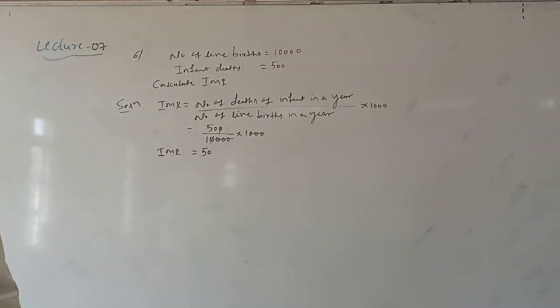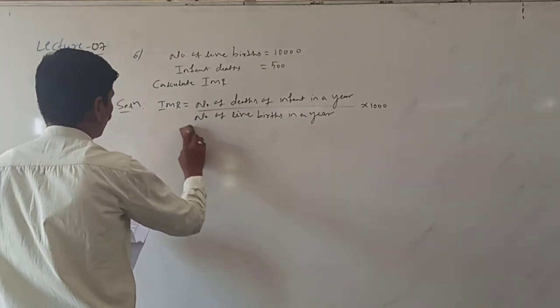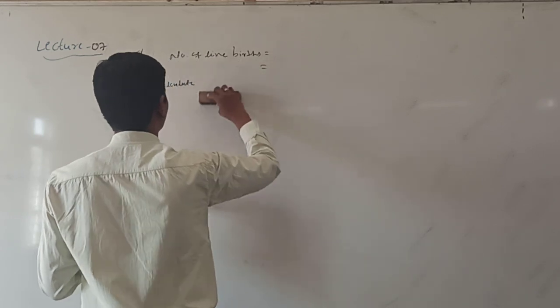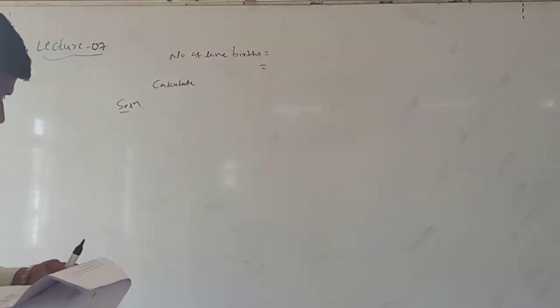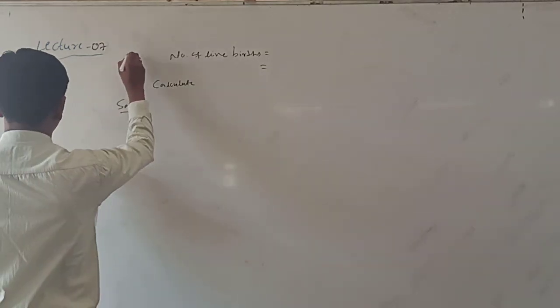Okay. Next, seventh problem. In a locality, out of 10,000 live births, 90 mothers died due to childbirth.